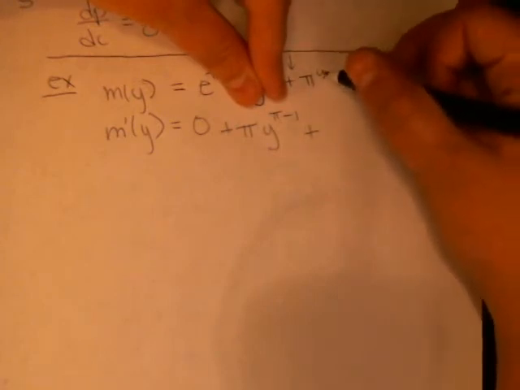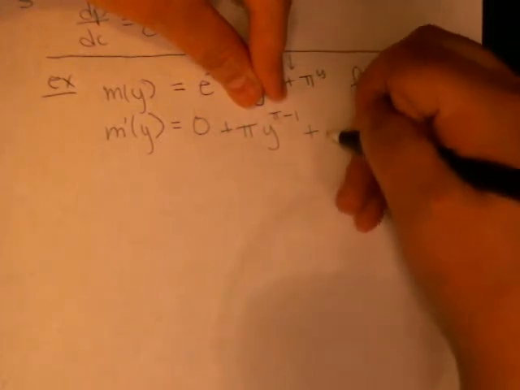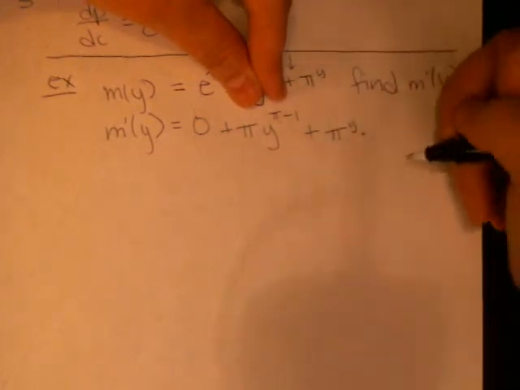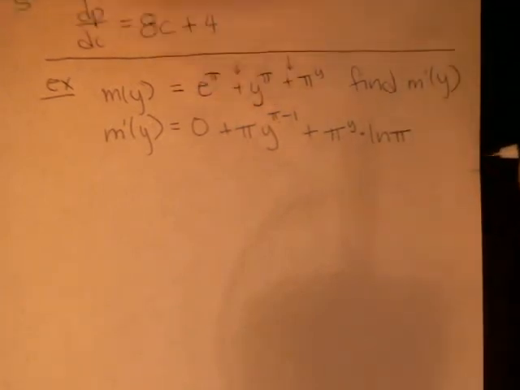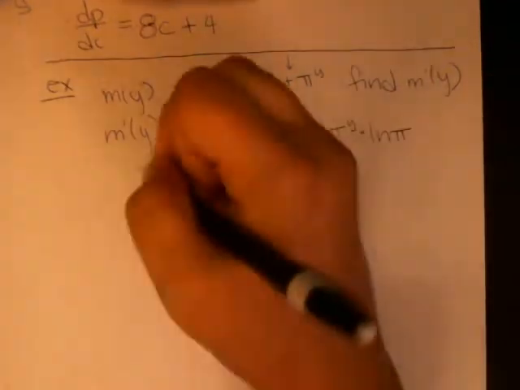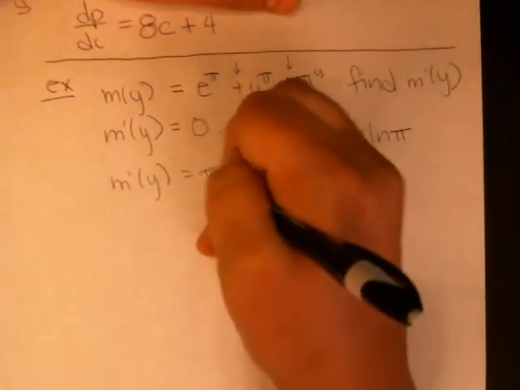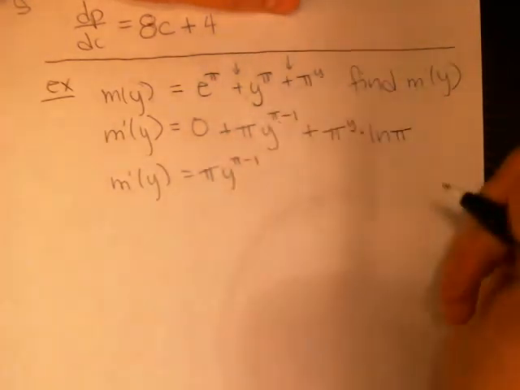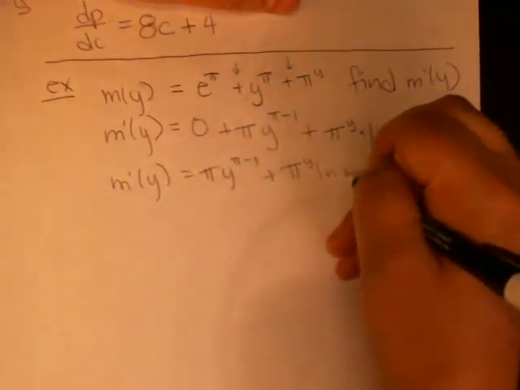So here my variable is in the exponent, which means an exponential function. So I'll get the exact same thing, pi to the y, and then I have to multiply by the natural log of the base, and the base is pi. So just to rewrite it without the 0, I have pi times y to the pi minus 1 plus pi to the y times ln pi.